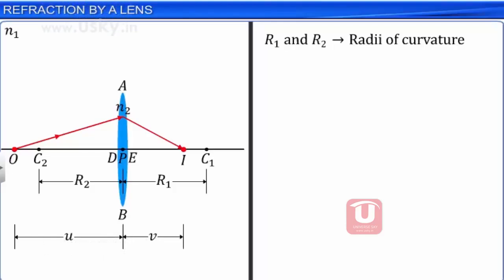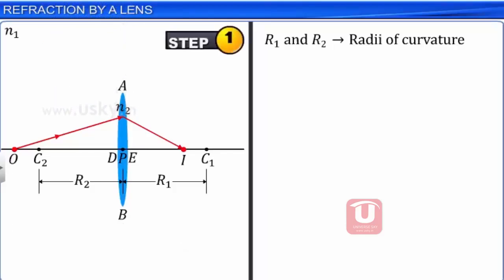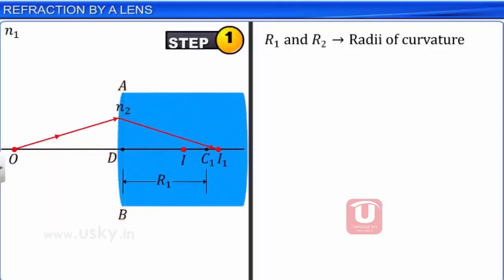According to the Cartesian sign convention applicable for refraction at spherical surfaces, measurements are taken from the intersecting point of the spherical surface and the principal axis. Let dI1 be V'. Since we consider only thin lenses, DO is equal to U.